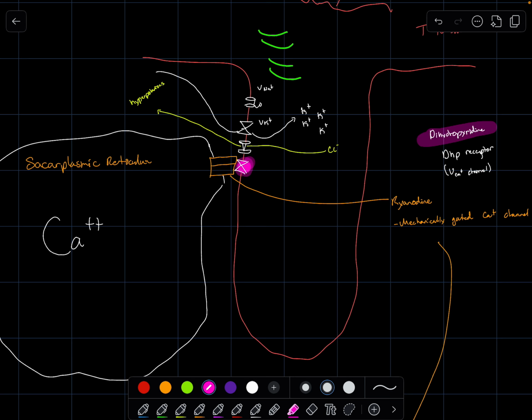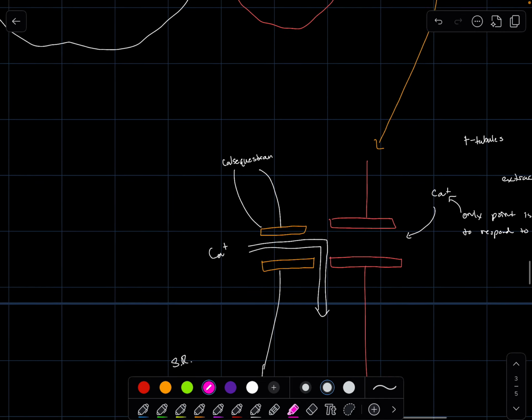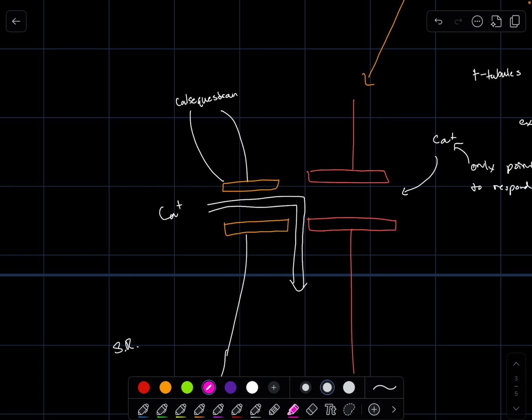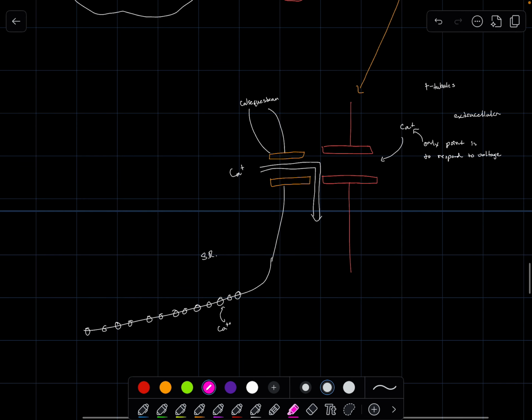This channel will interact with ryanodine, which is connected to the sarcoplasmic reticulum, or the SR. Ryanodine is mechanically a calcium channel. They are connected. So when dihydropyridine receives this action potential, it opens up ryanodine. We'll take a closer look at that. Because ryanodine opens up, calcium from the SR is able to flow outside. It flows outside of the SR.